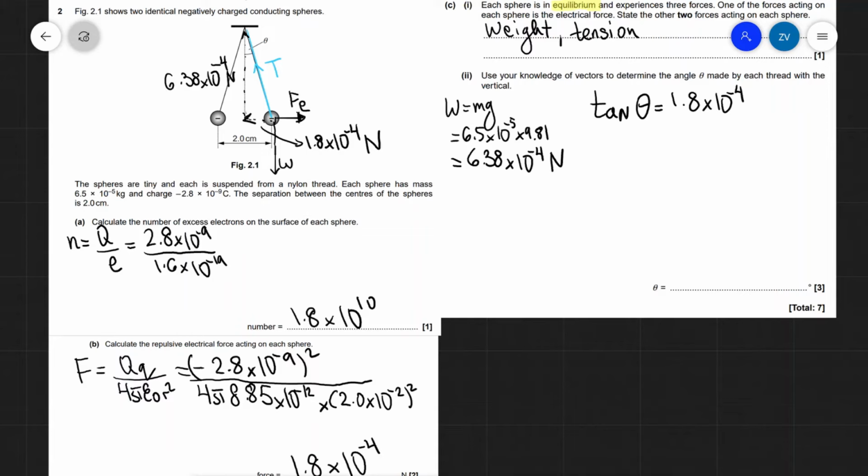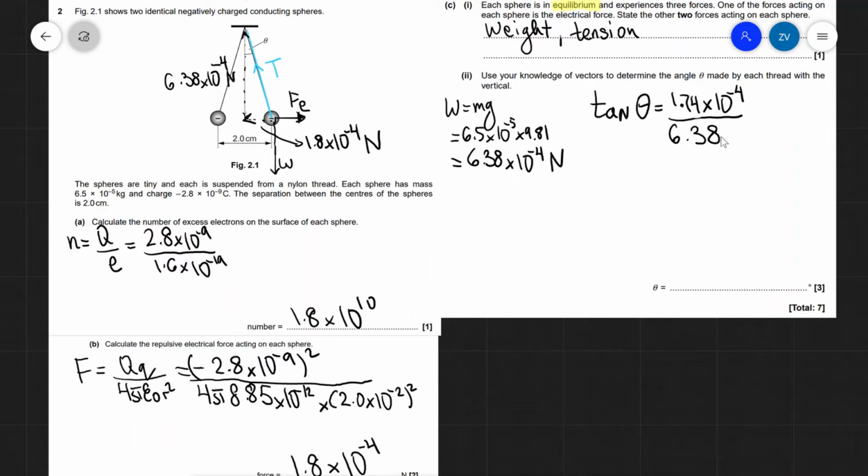I'm going to use the one up to 2 significant figures though, so 1.8 times 10 to the power minus 4, and then I'm going to divide that by the adjacent, which is 6.38. Actually, shall we just use 1.74, because I've just used the one which is up to two significant figures, so 1.74 times 10 to the power minus 4.